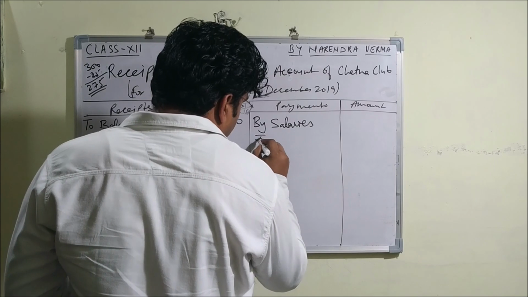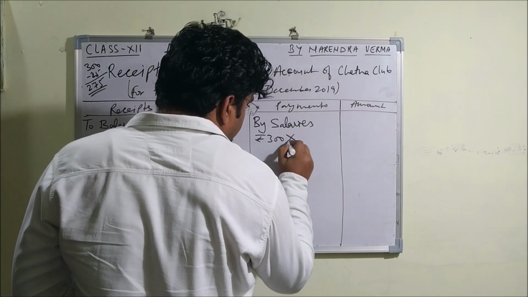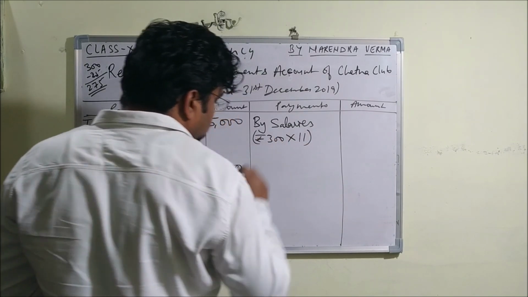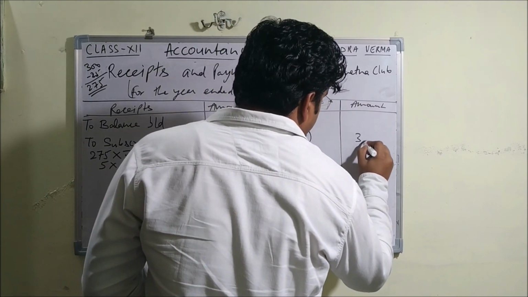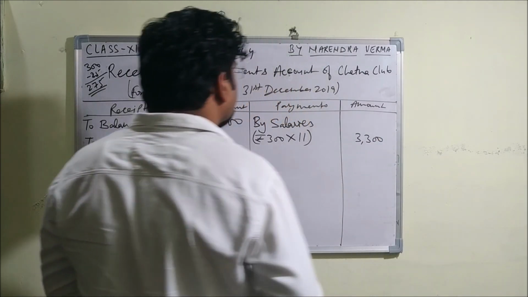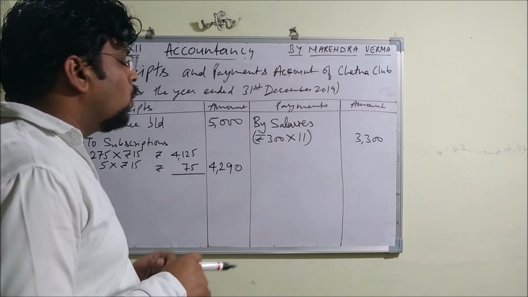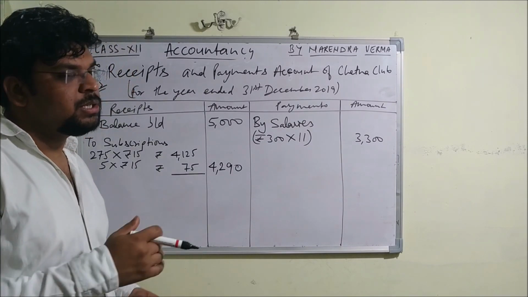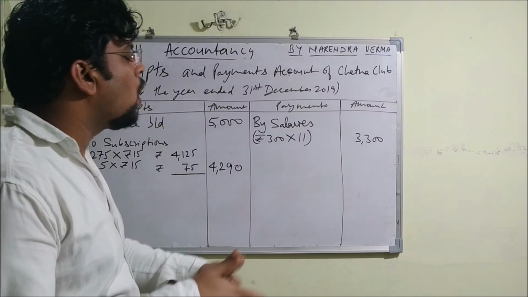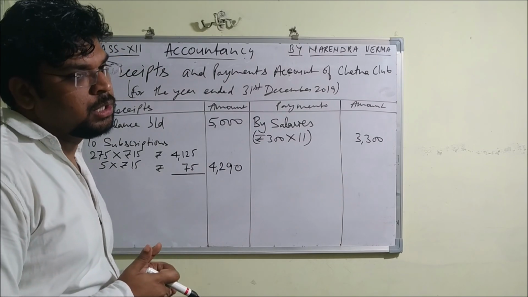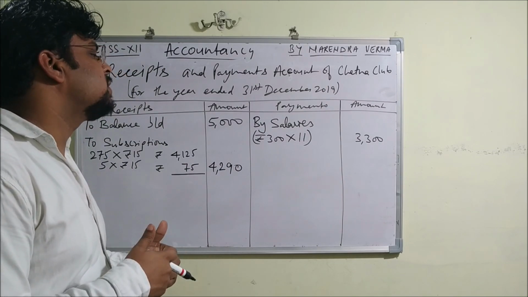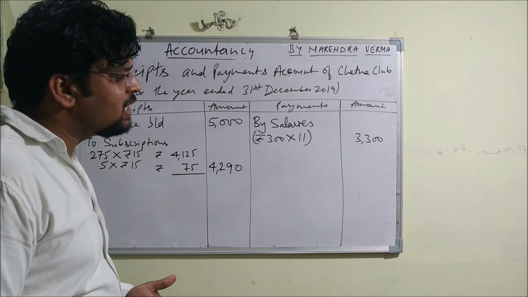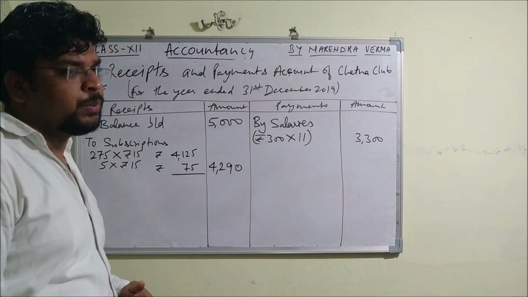So rupees 300 multiplied by 11, we get 3,300. Like I told you, only the amount paid, meaning for which cash has gone from our pocket, will be mentioned here. We may have received the services of the 12th month as well, but we are not mentioning it here.